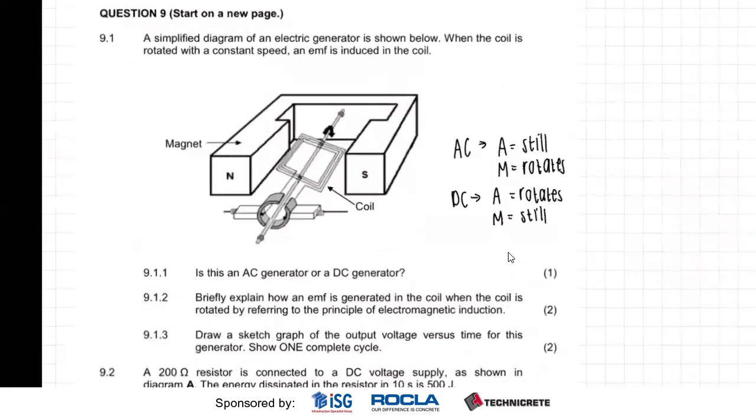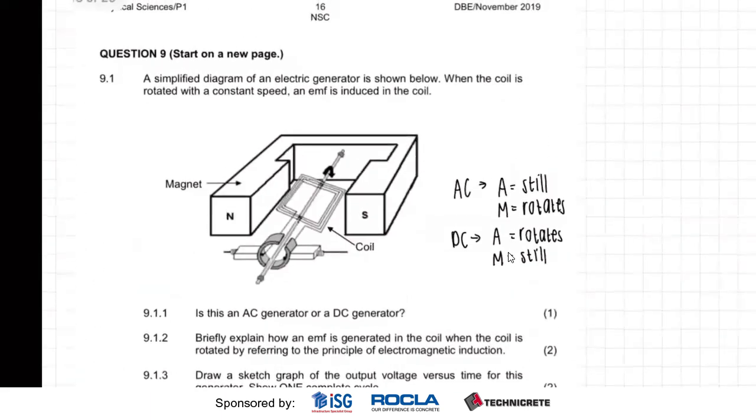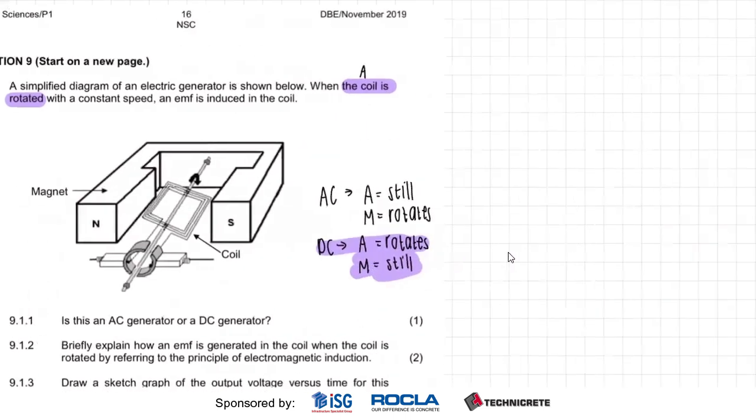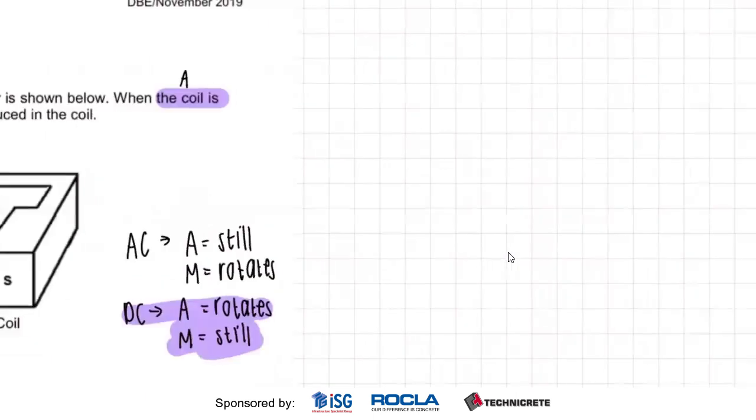It said in the question, the coil is rotated, so the armature is rotated. Now, when is the armature rotated? In a DC generator. Okay, so the answer for question 9.1.1 is DC.